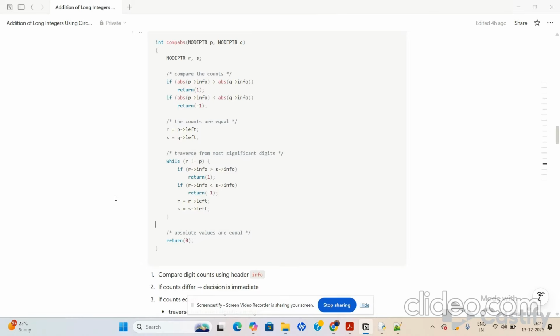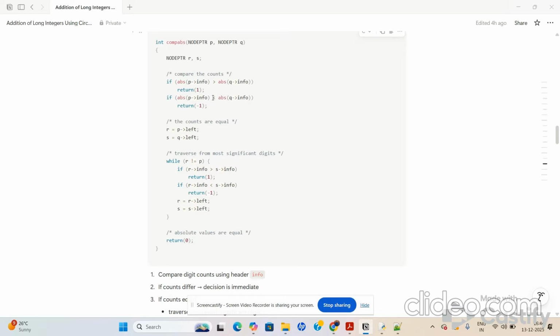Okay, so just to summarize, first you compare counts. You compare the number of digit nodes using the header info. If the count differs, the decision is immediate. Otherwise, if the counts are equal, you traverse the lists from most significant digits and you compare group by group till you find the difference.